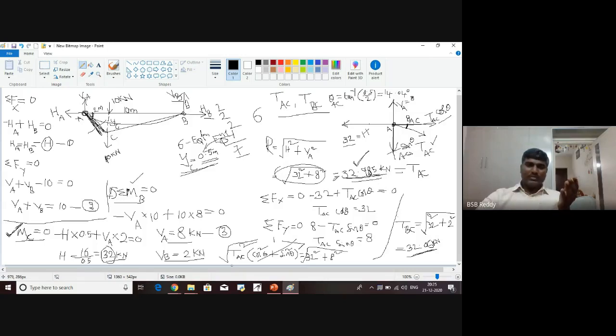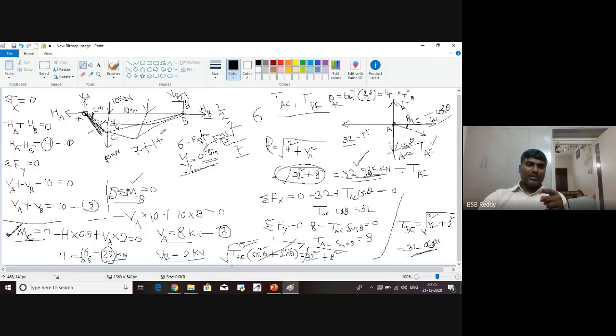So what happens if you have one more load, for example? This will become three segments. Support same, and how many unknowns increased? Earlier two tensile forces, now it is 3, so one increased.